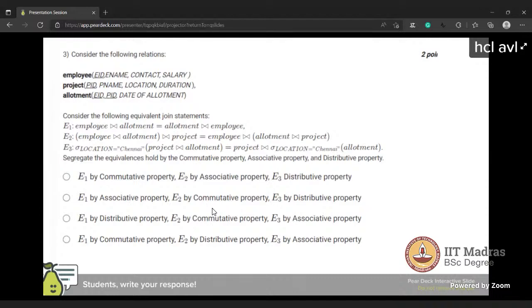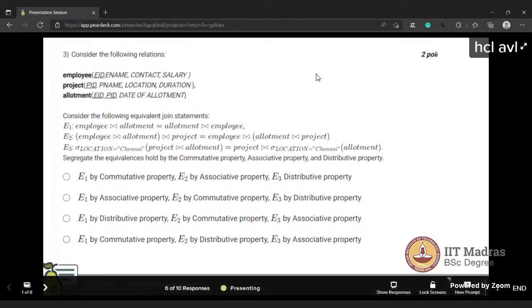E2, employee natural join allotment natural join project equal to employee natural join allotment natural join project. And E3. Segregate the equivalences that hold by the commutative property, associative property, and distributive property. You can answer in the chat box. I will wait a few minutes. After that we'll discuss.